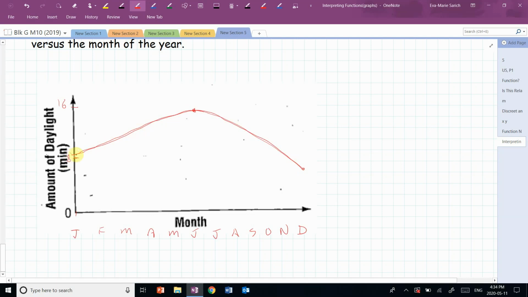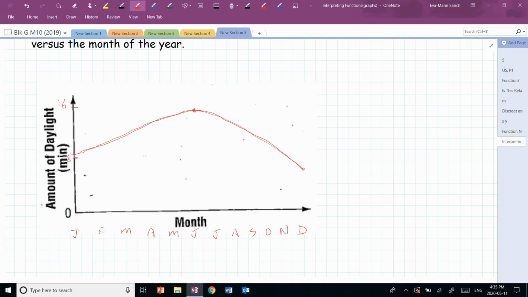As we start the new year, the days are longer and longer until we get to the longest day of the year in June, and then they start getting shorter again until we get back to the end of the year. So that's going to be the general trend. Again, this is going to be a qualitative graph, not a quantitative graph. We don't really have numbers in there. Yes, I put sort of rough ideas, but we haven't got data that we're actually plotting exact points.